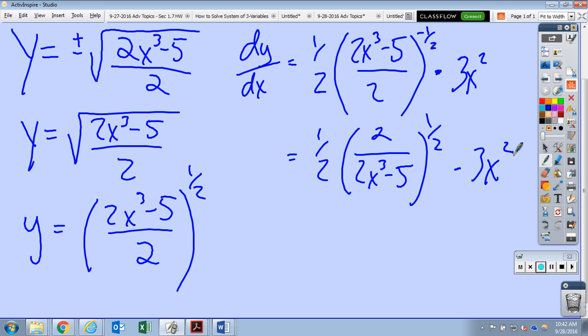And maybe just a matter of simplifying at this point. But you can tell this is not really an advantage to doing it this way. So if you notice, let's say you wanted to find the derivative at a certain point. So at a certain point, x, y.